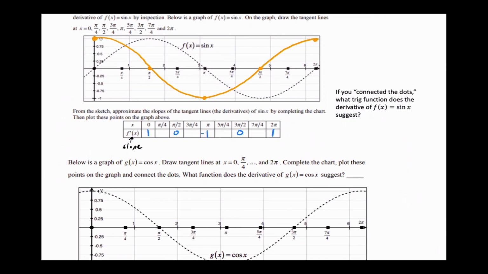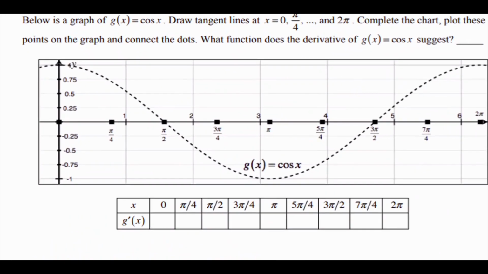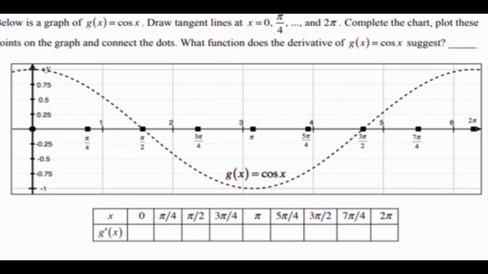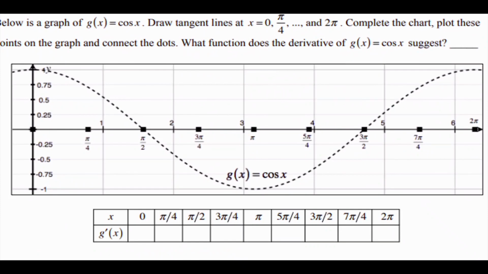Let's look at the next one now. Let's look at g of x now. Let's do the same thing. Where on this dotted line would I have a slope of 0? 2 pi?